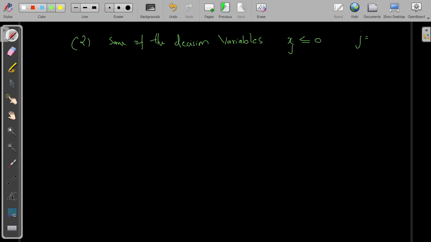That means some decision variables are negative.